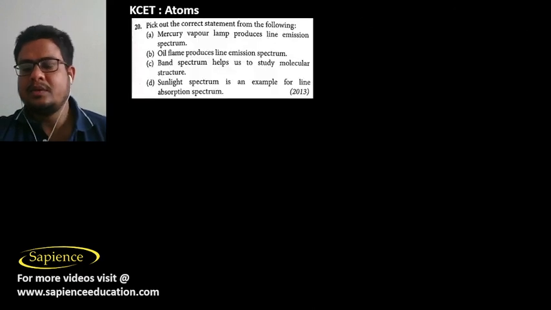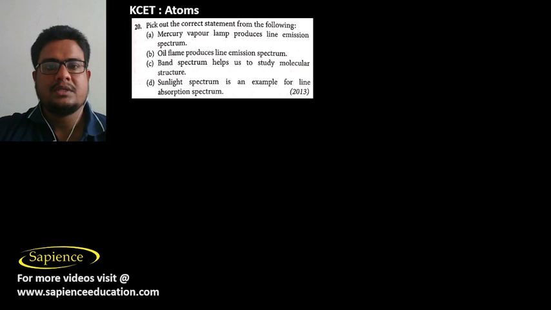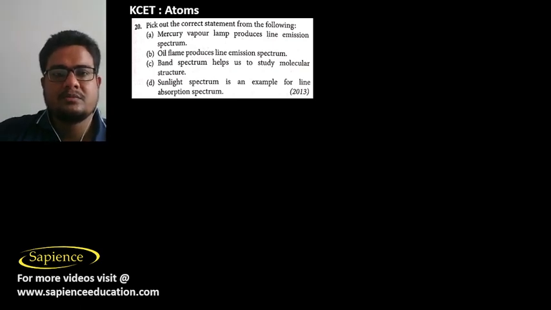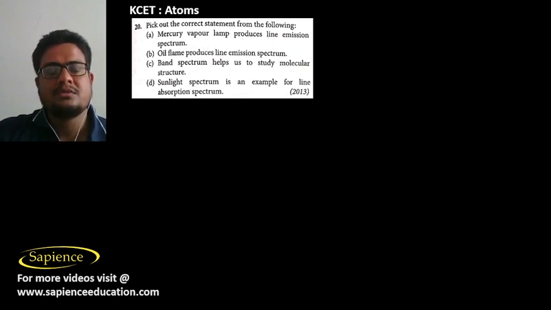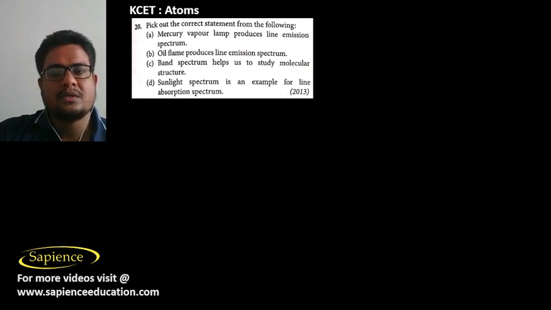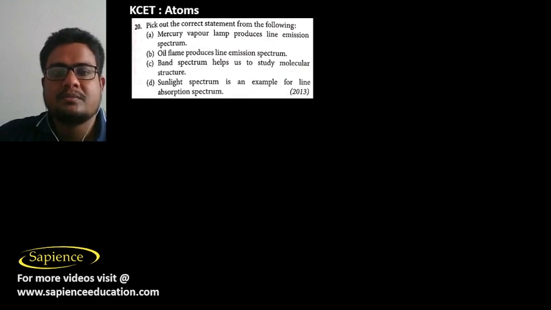Question number 20 is told: pick out the correct statement from the following. A, mercury vapor lamp produces line emission spectrum. B, oil flame produces line emission spectrum. Oil flame will produce a continuous emission spectrum. C, band spectrum helps us to study molecular structure. D, sunlight spectrum is an example for line absorption spectrum.